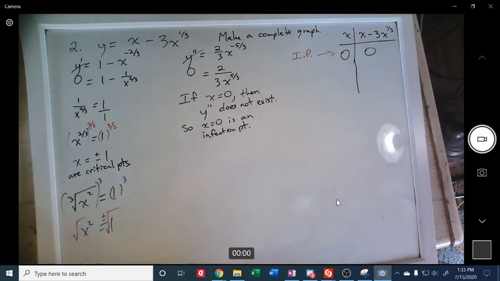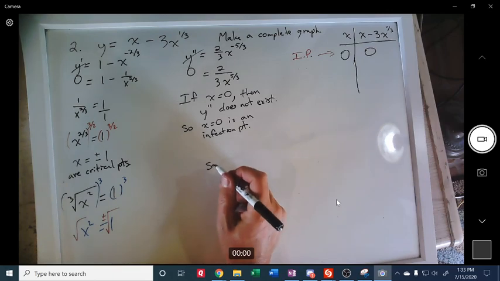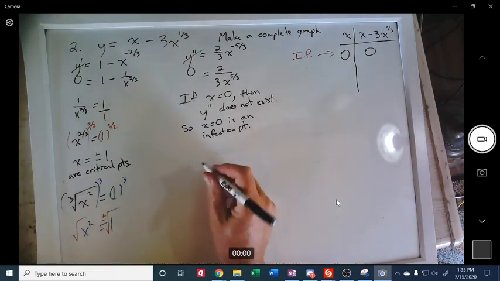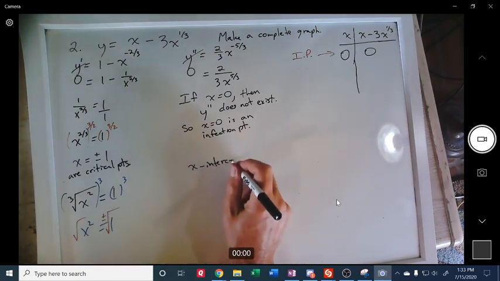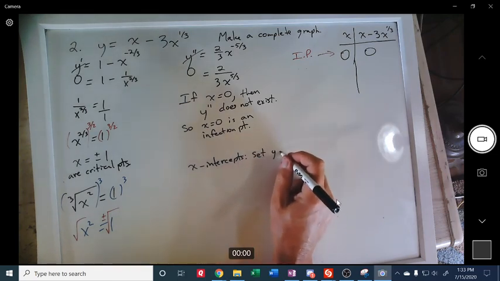Then we'd also set the y equal to 0. This is for the x-intercepts. Let me write this out. We set the opposite letter to 0.